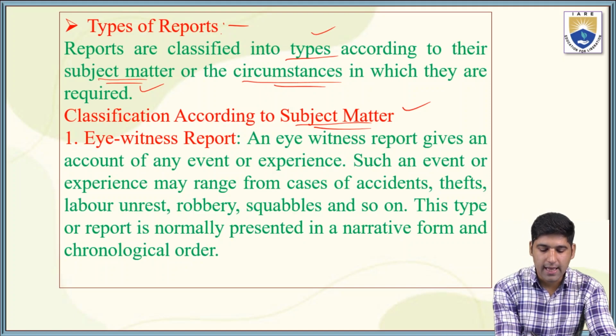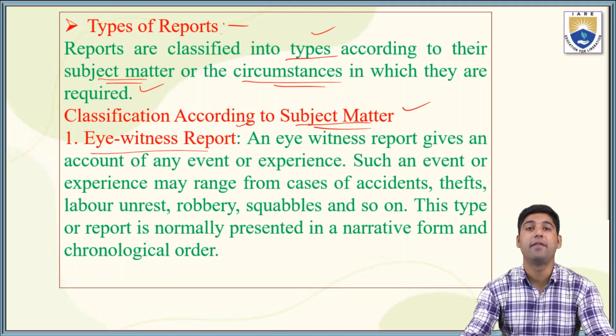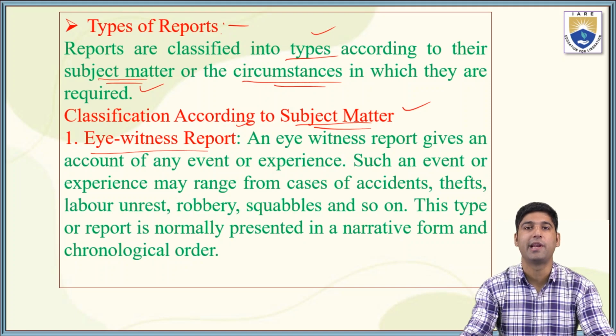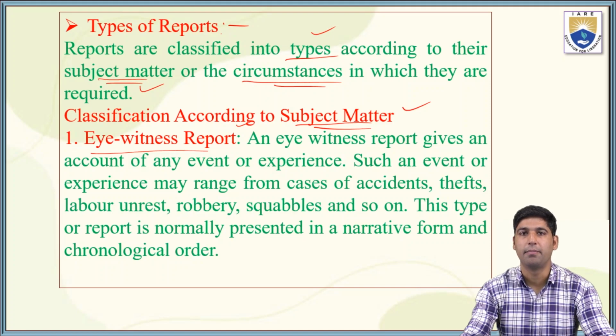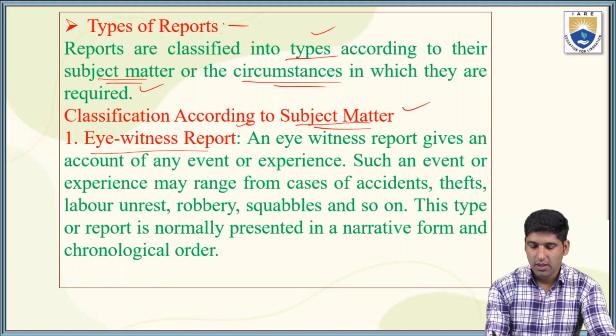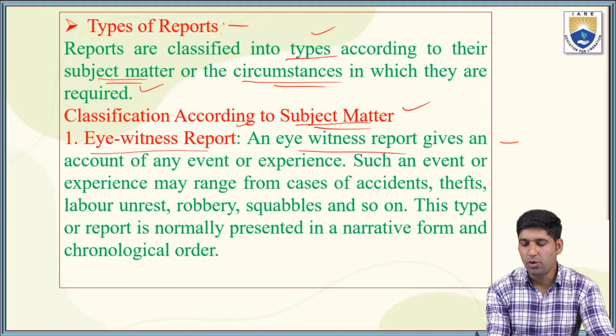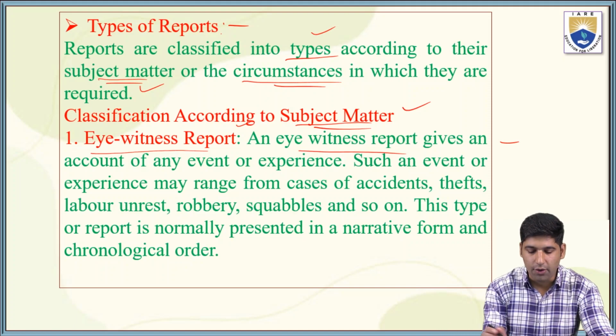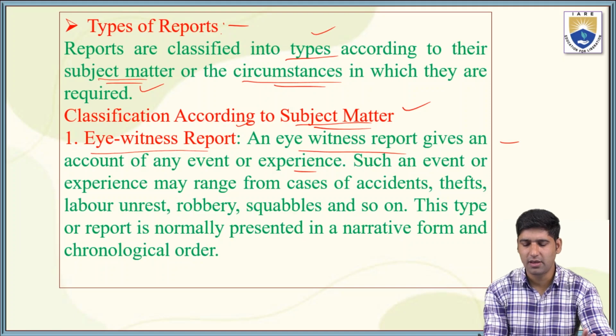Number one is eyewitness report. The reports which require eyewitnesses, the reports which can be seen by the people. Let's go with the definition. An eyewitness report gives an account of any event or experience.